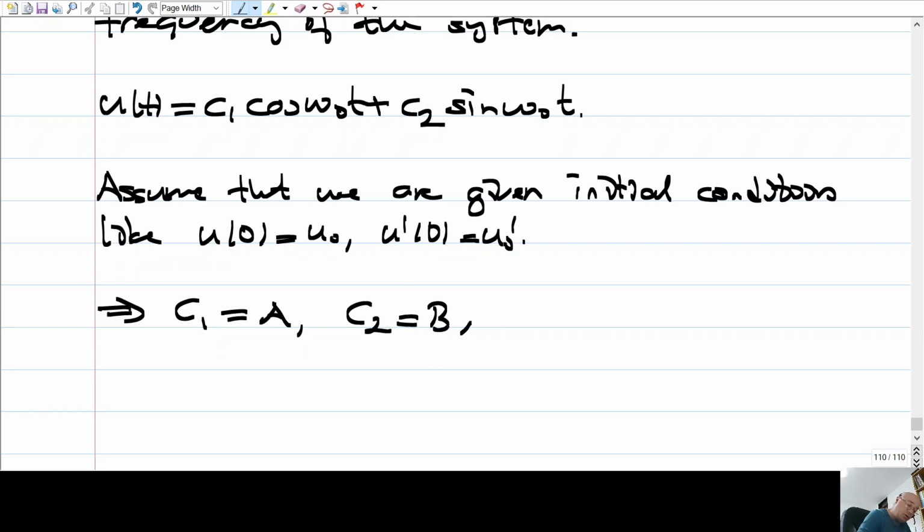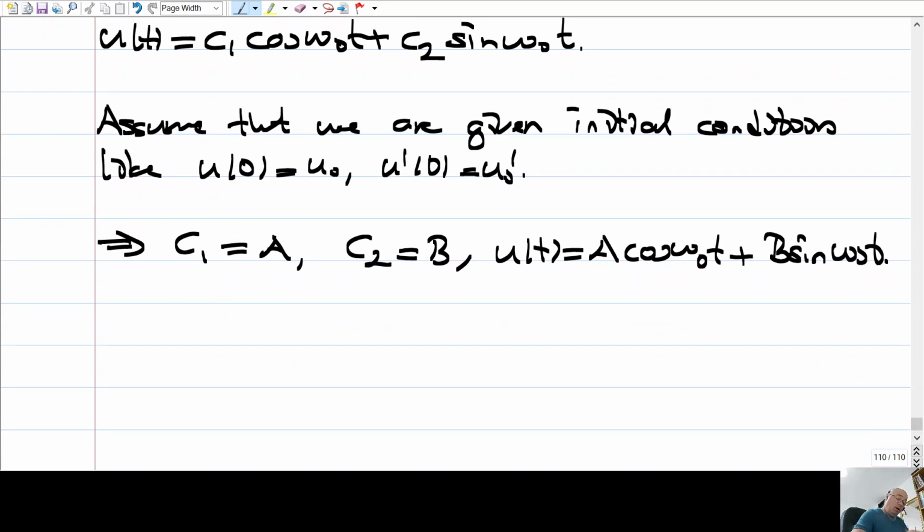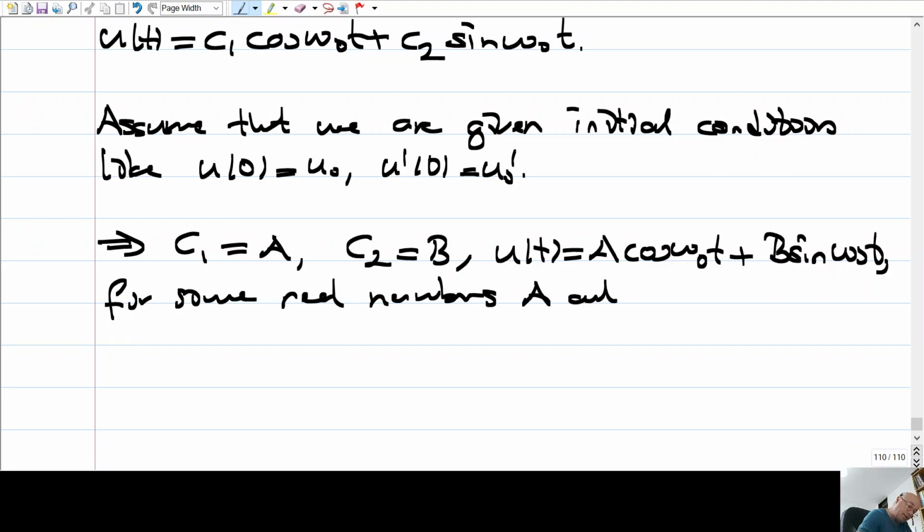So our equation becomes A times cosine omega 0 t plus B times sine omega 0 t, for some real numbers A and B, right?